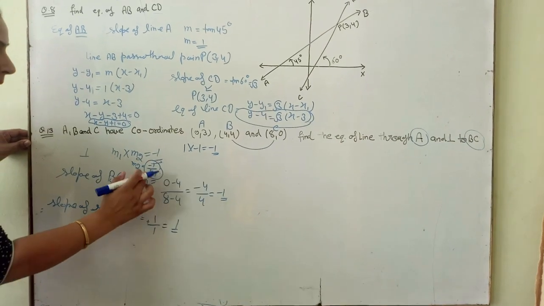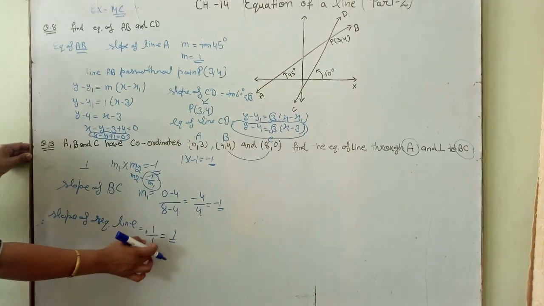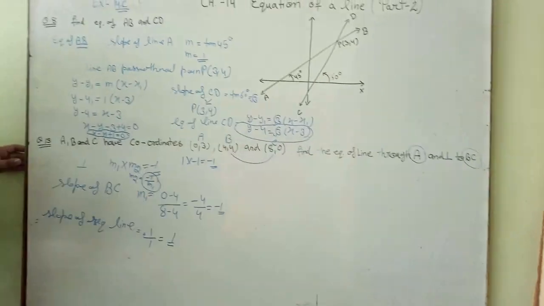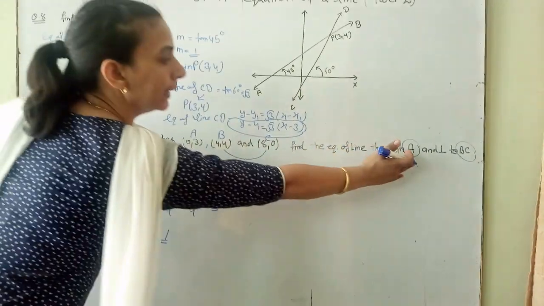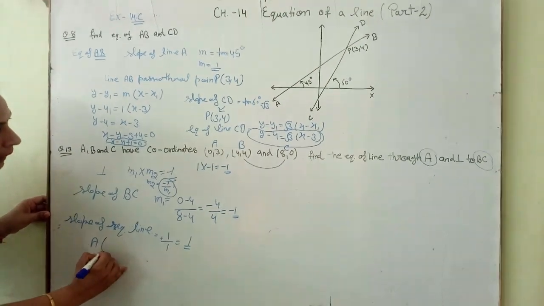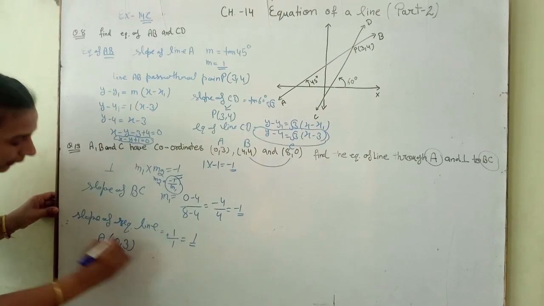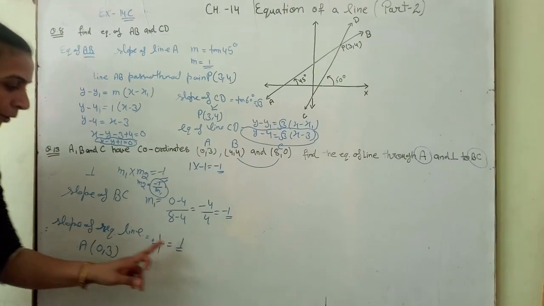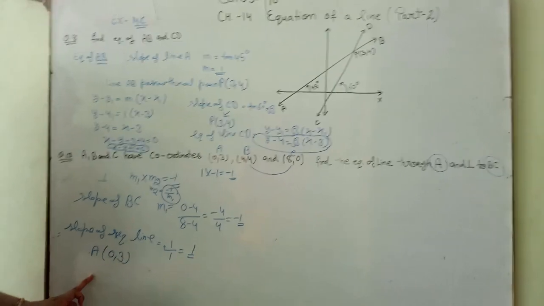We put in minus 1 by minus 1, which equals plus 1. Slope of the required line equals 1. And the passing point is A, with coordinates 0 and 3. Then we find the equation of the required line whose slope and passing point are given.